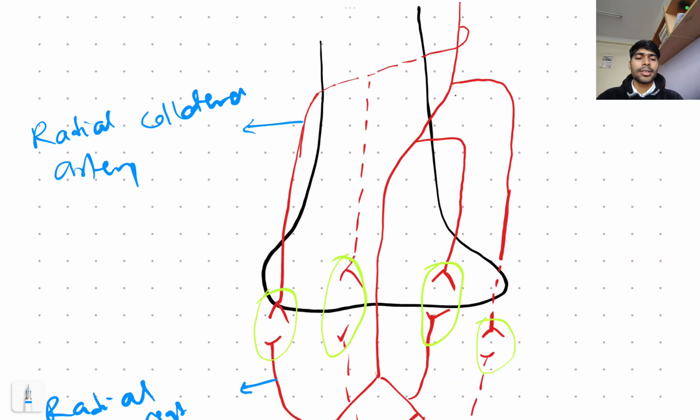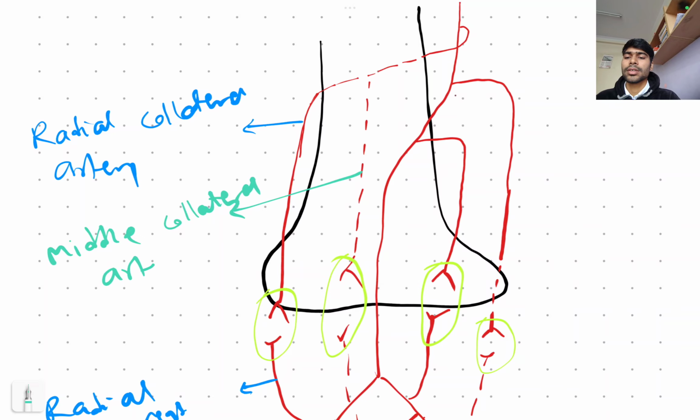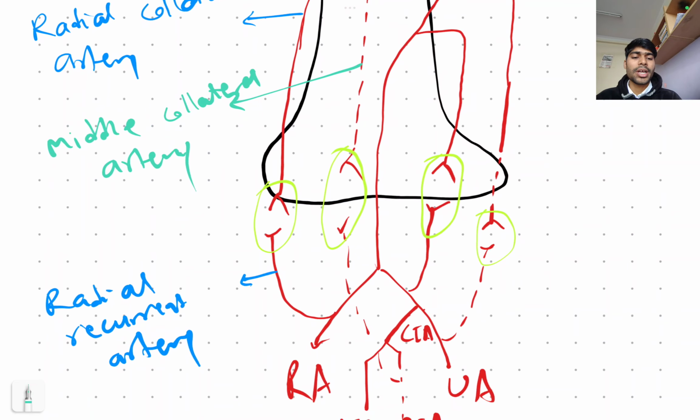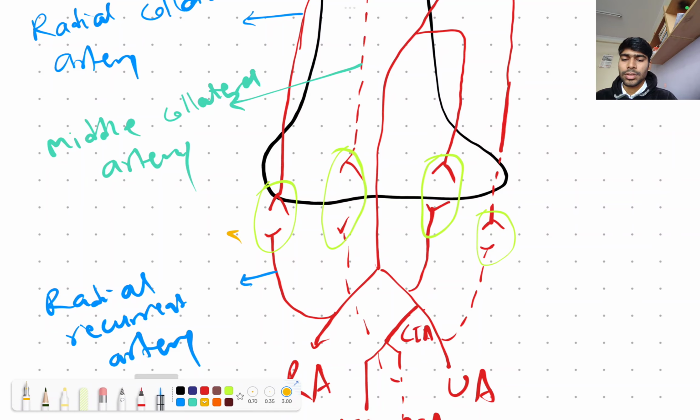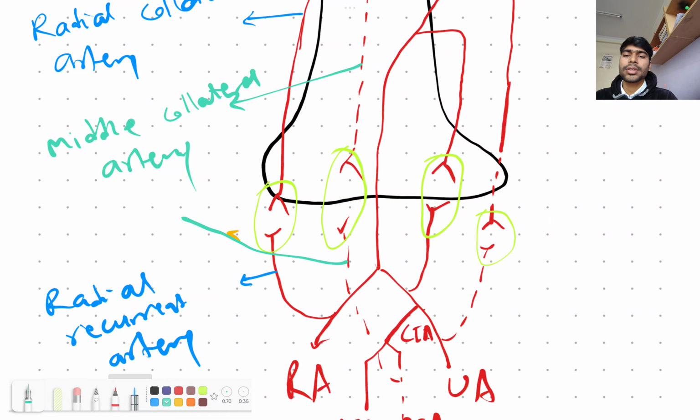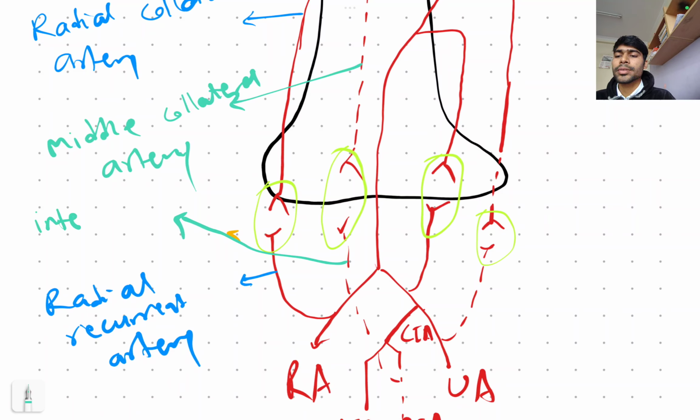And the middle one was the middle collateral artery, and this forms an anastomosis with the interosseous recurrent artery.